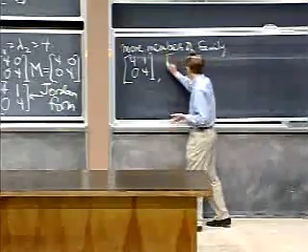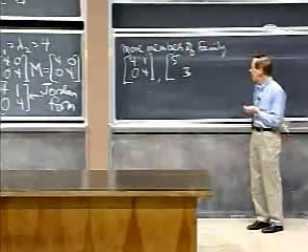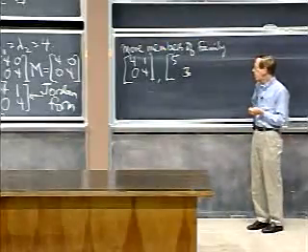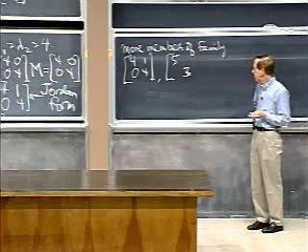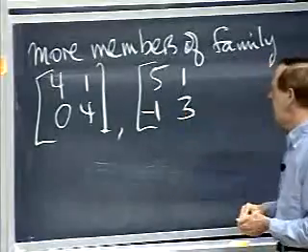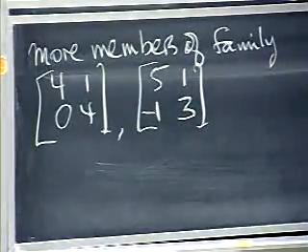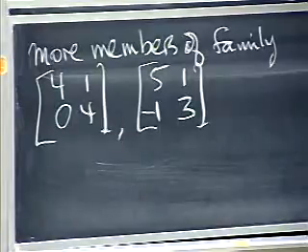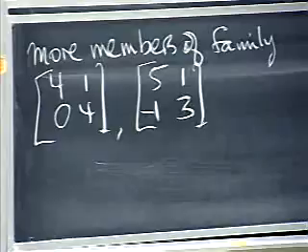So why don't I just take like 5 and 3? I've got the trace right. Now the determinant should be what? 16. So I just fix this up. Shall I put maybe a 1 and a -1 there? Okay, there's a matrix with eigenvalues 4 and 4, because the trace is 8 and the determinant is 16.